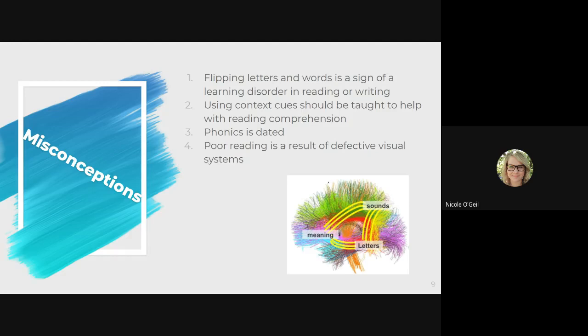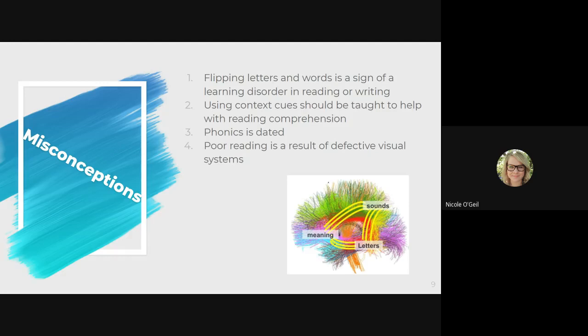So only poor readers rely on the context to compensate for their difficulty in accessing the meaning of a word really accurately and quickly. This loop that we're seeing here, the sounds and the meaning and the letters, identifying that all at once, happens really fluently for a good reader. So while context is important, making reading more fluent actually helps quite a bit more in reading comprehension than just trying to figure out context cues when we're focusing solely on reading comprehension.